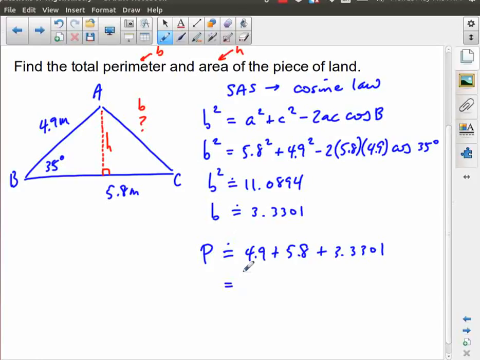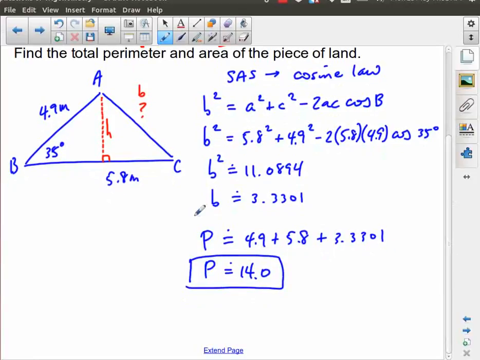And so I add in those other ones, 4.9 plus 5.8, and I end up with 14, and I'm going to round it to 1 decimal place at this point. So there's my perimeter. Now to find my area, I'm going to need to find this height.